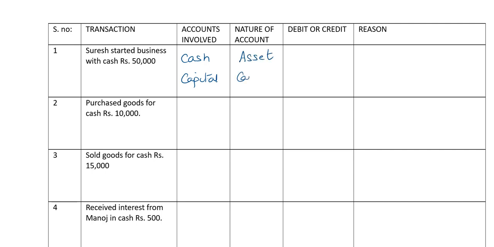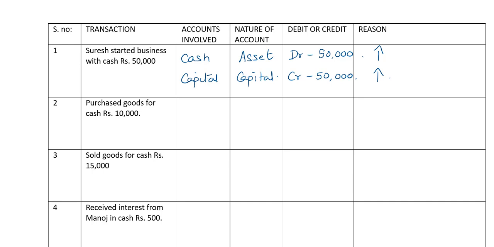Capital account is capital account itself. Cash increases from the point of view of the business, and capital also increases from the point of view of the business. Increase in asset, we need to debit with 50,000, and increase in capital, we need to credit with 50,000 rupees.